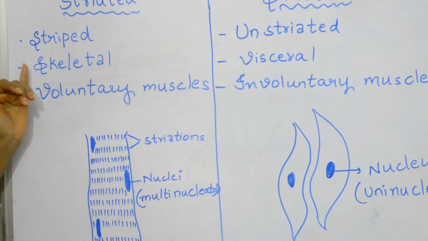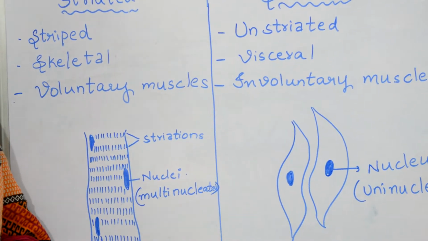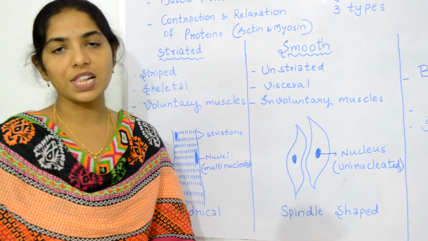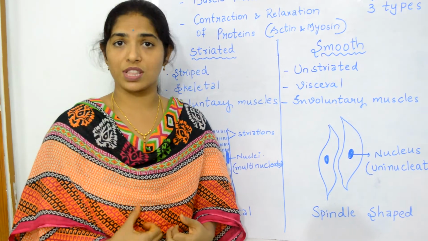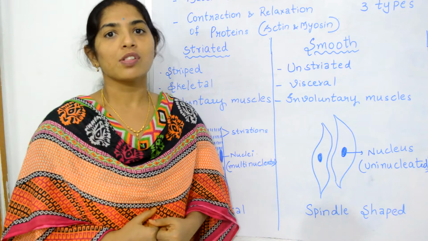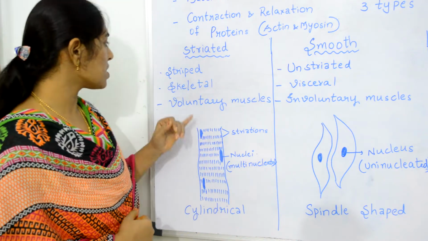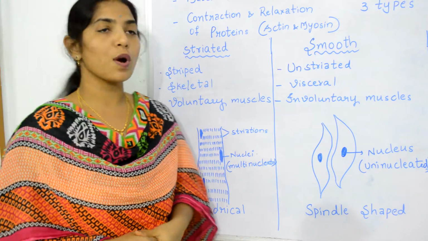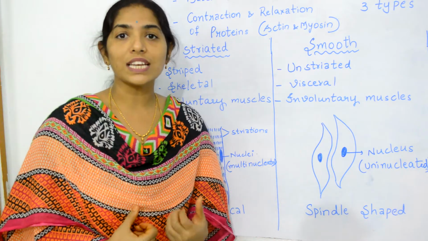Now why are we calling it skeletal muscle? These types of muscles are attached to our bones, to our skeletal system, and help in giving movements. Hence we are calling them skeletal muscles. And these muscles are responsible for voluntary movements.